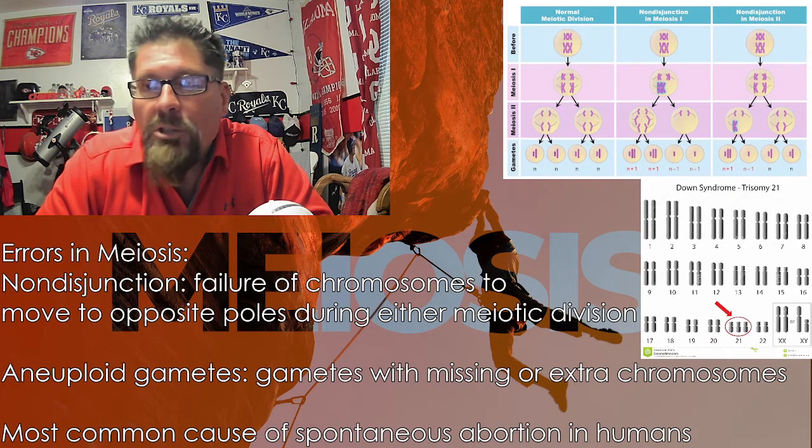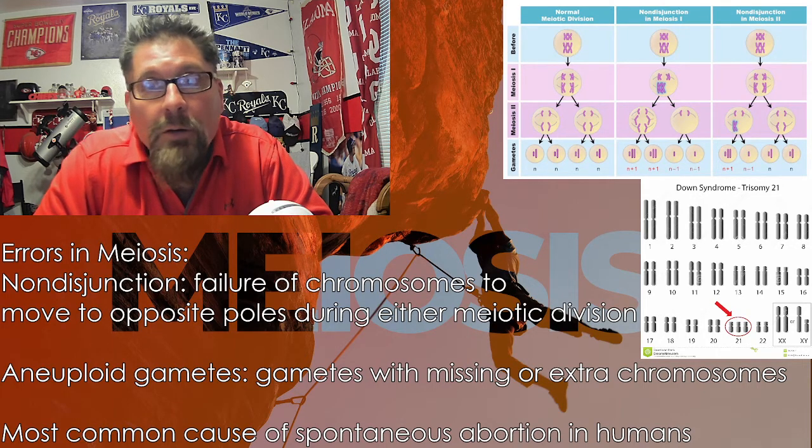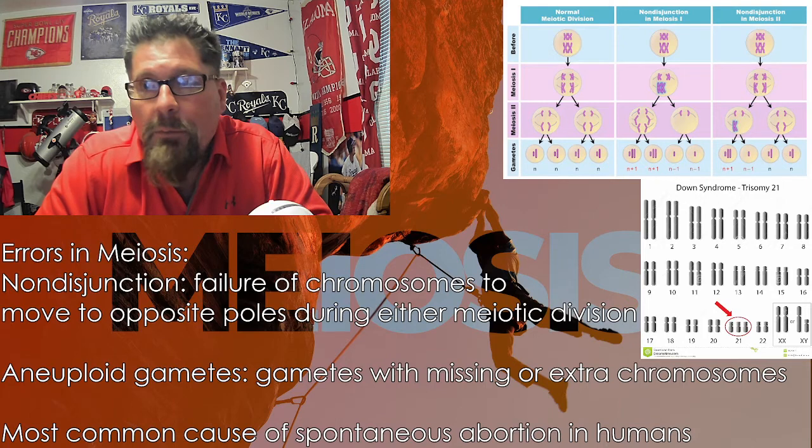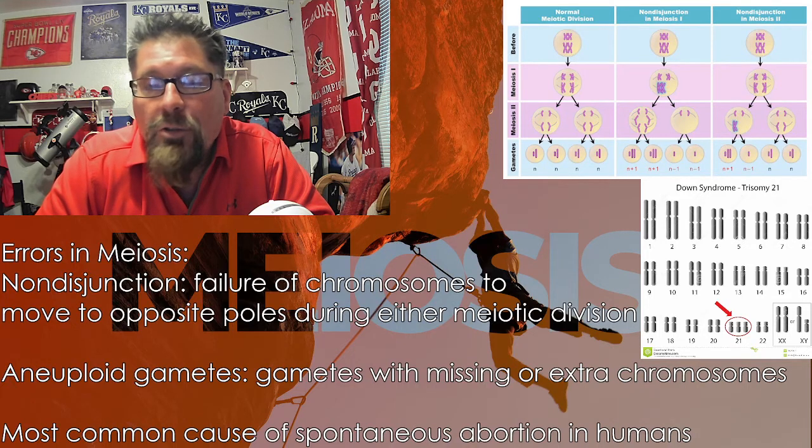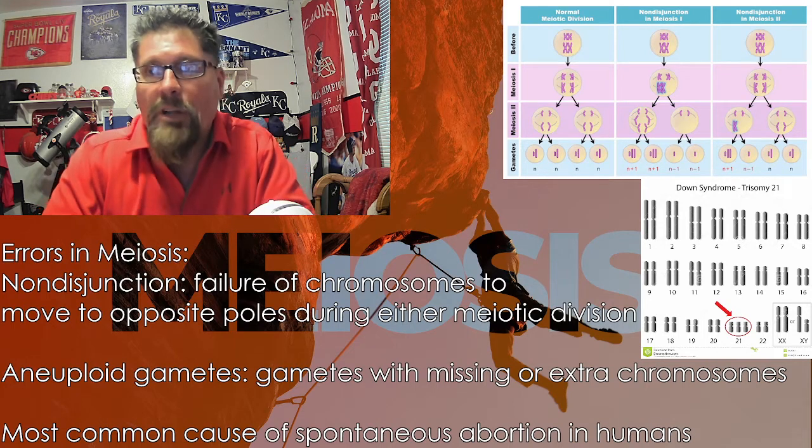And then of course, the diagram on the far right is where meiosis 1 separates properly, but meiosis 2 does not. Then you can see that you have 2 of them that are where they should be, 1 that has too many, and 1 that doesn't have enough.